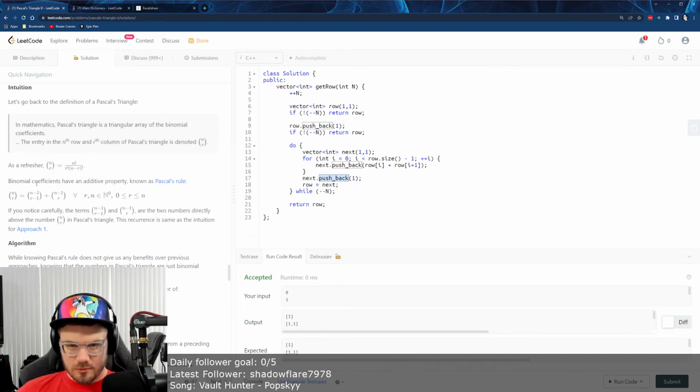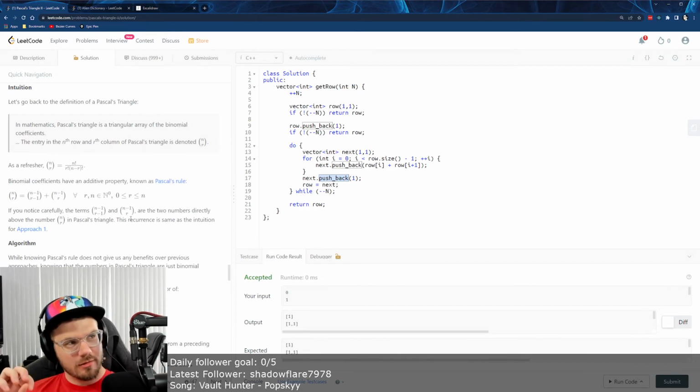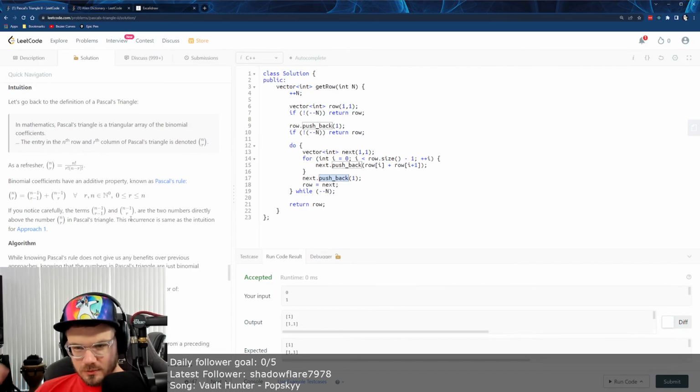Then you can calculate the elements of the ith row of Pascal's triangle, because those are equal to binomial coefficients. So n choose r equals n minus 1 choose r minus 1 plus n minus 1 choose r.